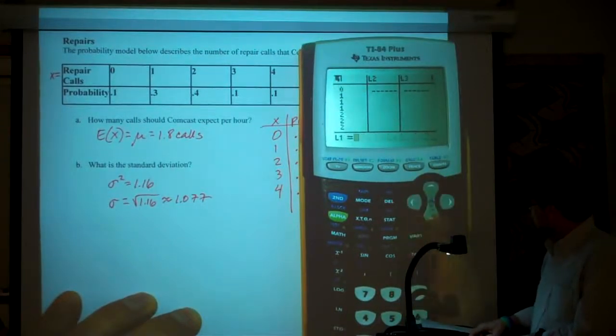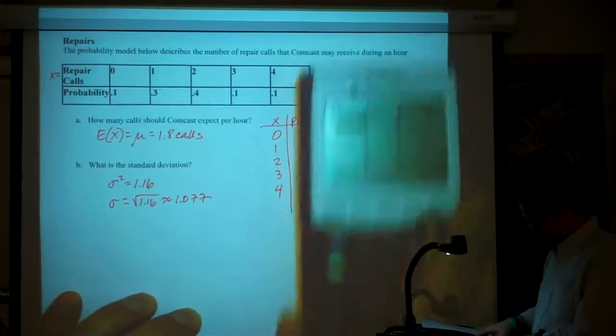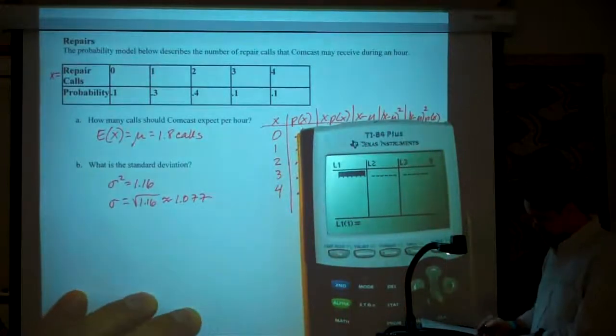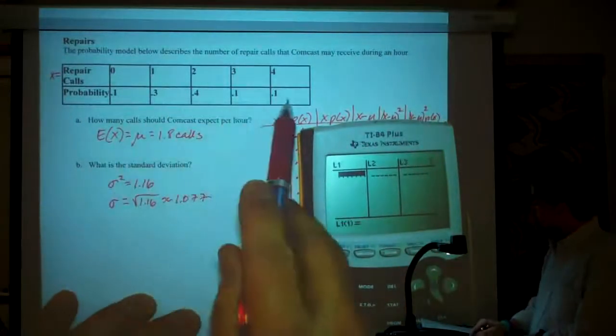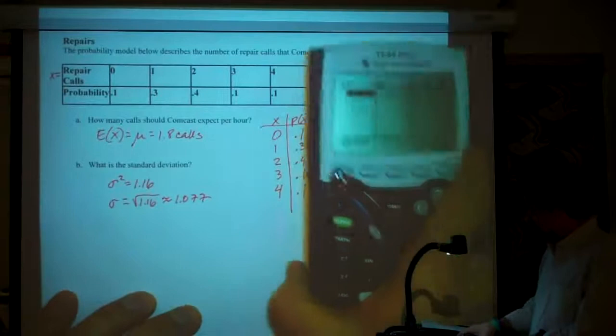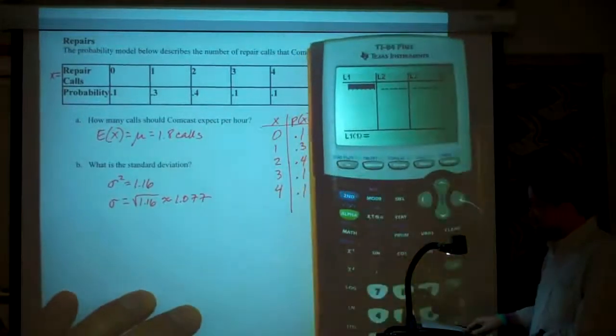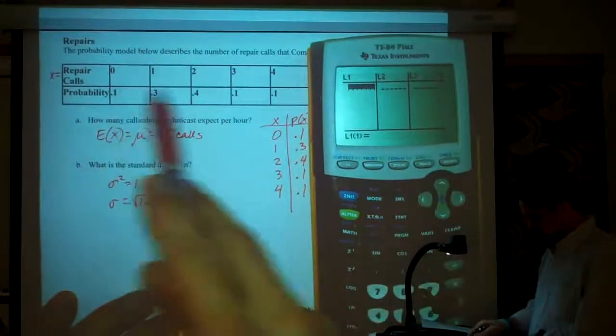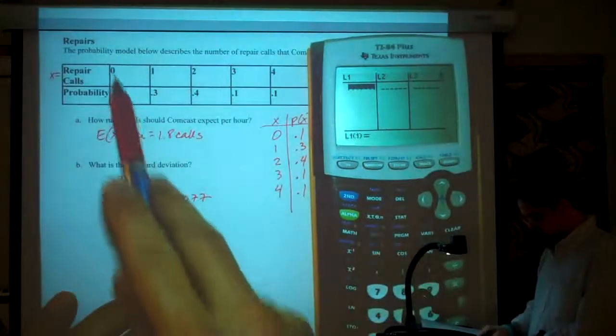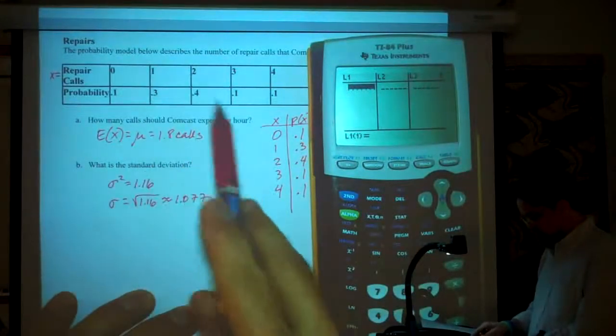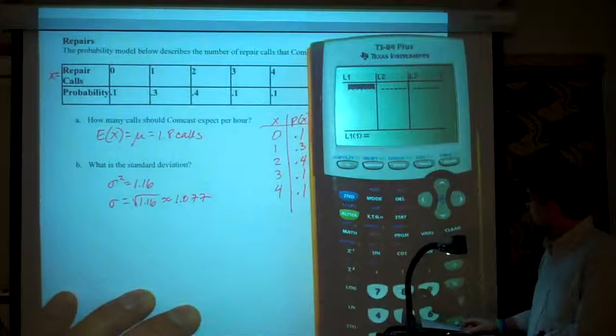Let me clear out this list. I've noticed that all of my probabilities are in tenths. So what I can do is make a data set that has 1 zero, 3 ones, 4 twos, 1 three, and 1 four.